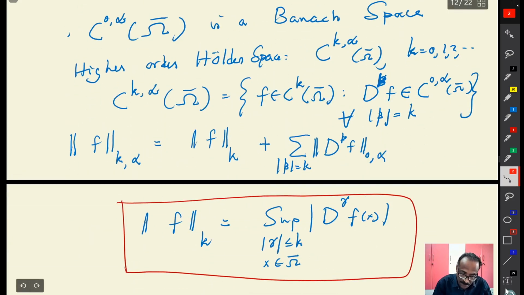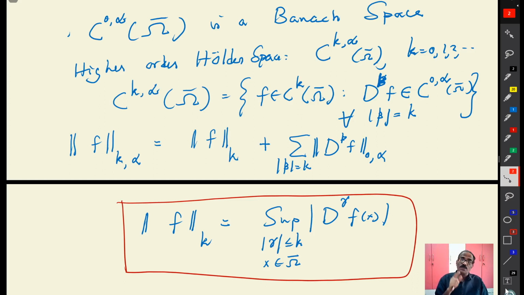You also define the higher order Hölder continuous function space Ck,alpha. You're looking for all k times continuously differentiable functions whose kth derivative is Hölder continuous. Of course, the lower derivatives already exist, so you don't have to worry about Hölder continuity there. The highest derivative will be continuous, but it may not be Hölder continuous.